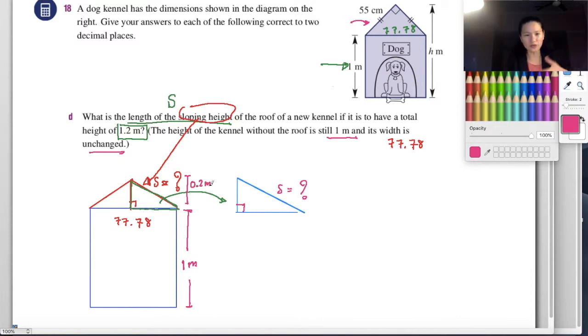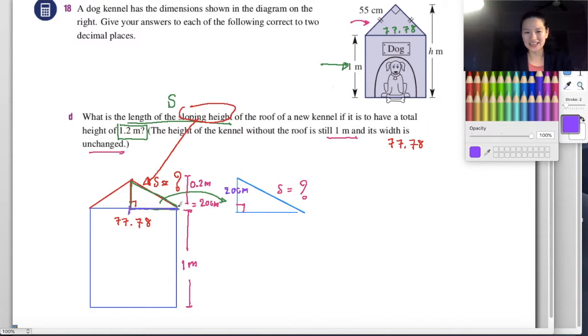When we put them together, 1 plus 0.2 is 1.2 meters. So this one is 0.2 meter, which equals 20 centimeters. You have to be careful about the unit. It has to be the same. 20 centimeters here.